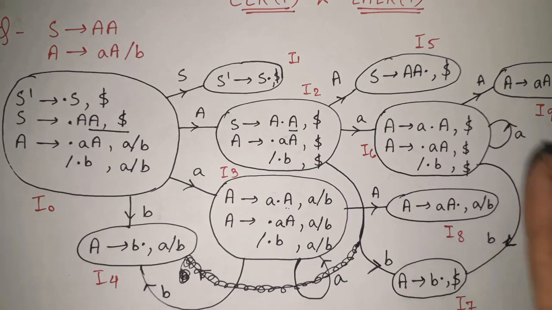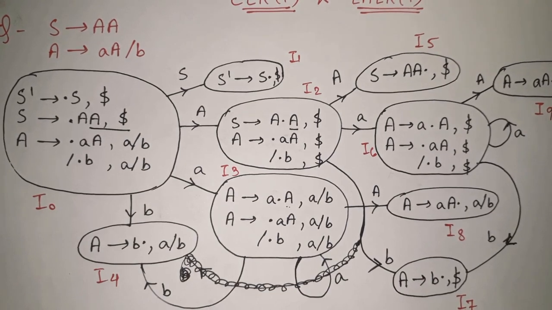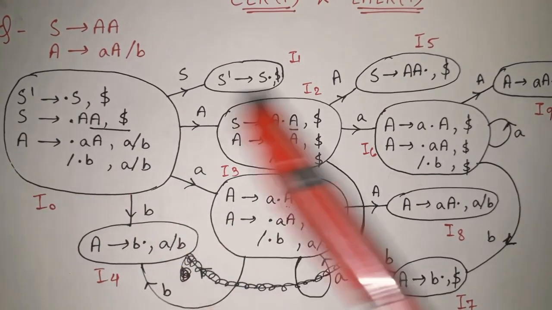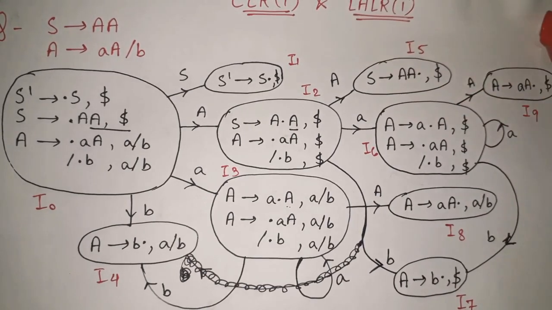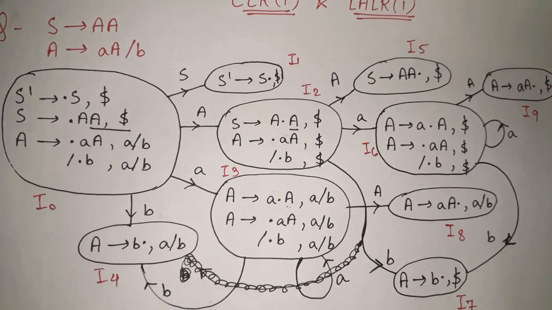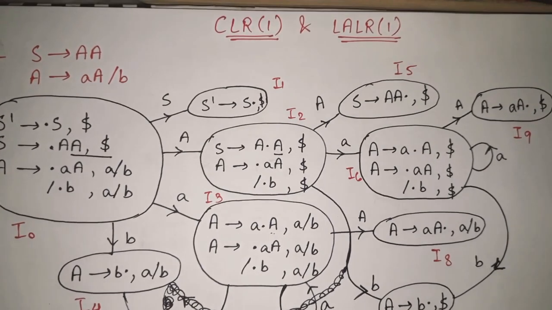So this is the whole canonical collection of LR1 items that we are going to use in both CLR1 and LALR1. Fine. So these are my states of canonical collection of LR1 items with their state numbers. So please take a snapshot or note it down, however you are convenient. Now we are going to make a table. Okay, now let's go and make a table.